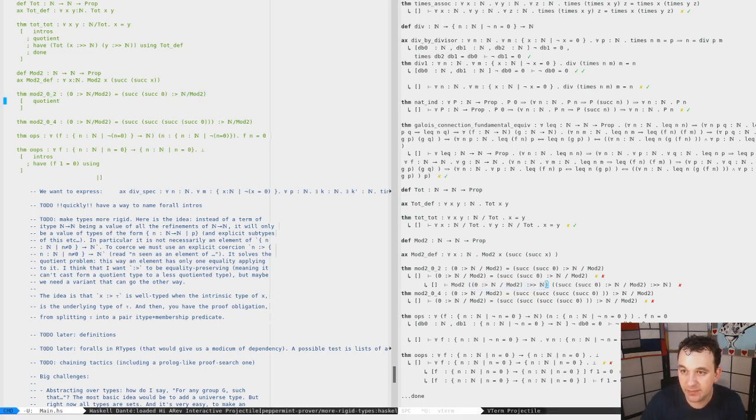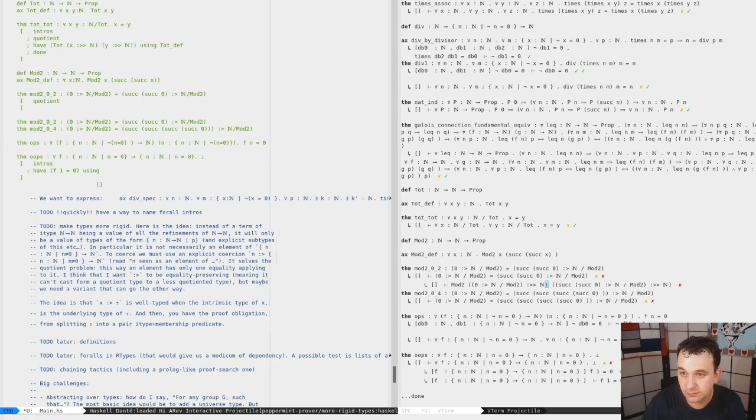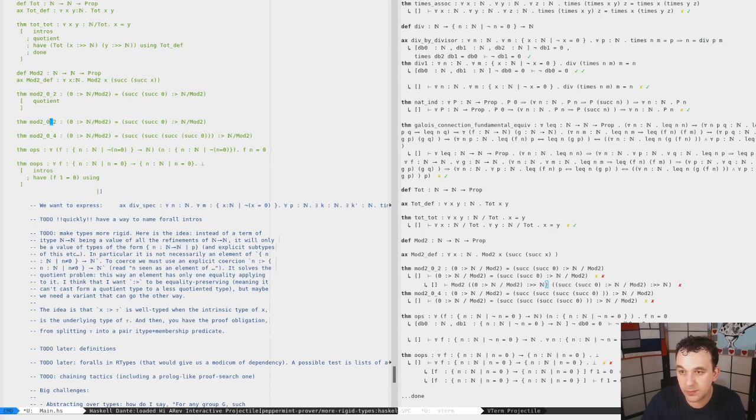Then we'd have the same theorem here, but with 2 and 4. Which would have this, and so this is another theorem.